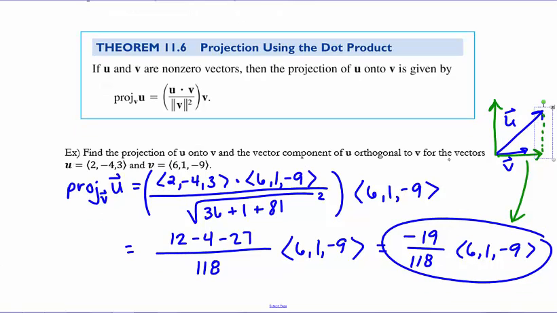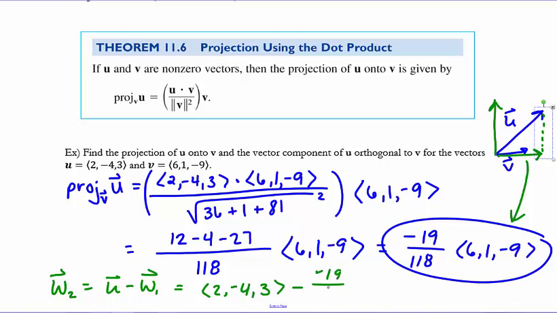The projection of u onto v is given, and the vector component of u orthogonal to v is what we call w2, and that's u minus w1, which is <2, -4, 3> minus negative 19 over 118 times <6, 1, -9>.